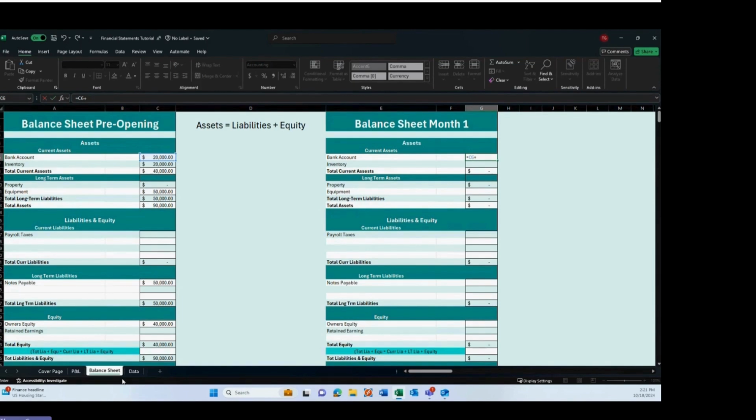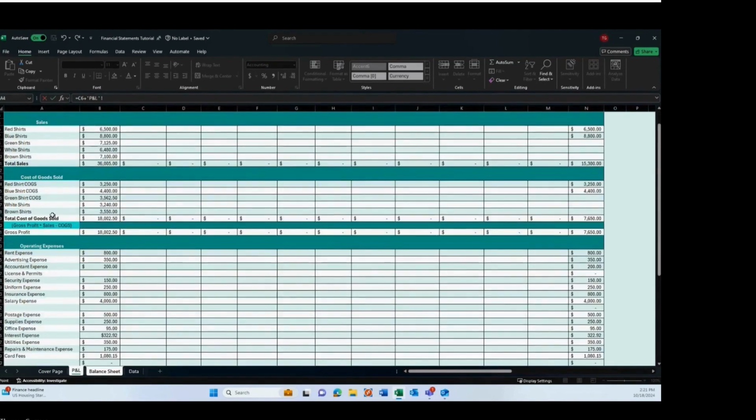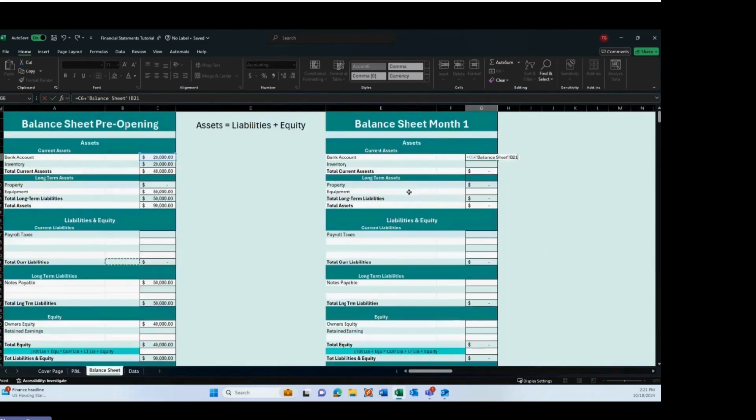So if we go back to our profit and loss, we sold $18,002.50 of product. That's what it cost us. So we want to add that back into our cash because we have sold that and converted that inventory that we purchased before we opened. We sold that inventory. We're converting it back to cash. So that's going to go back into the cash on our balance sheet.